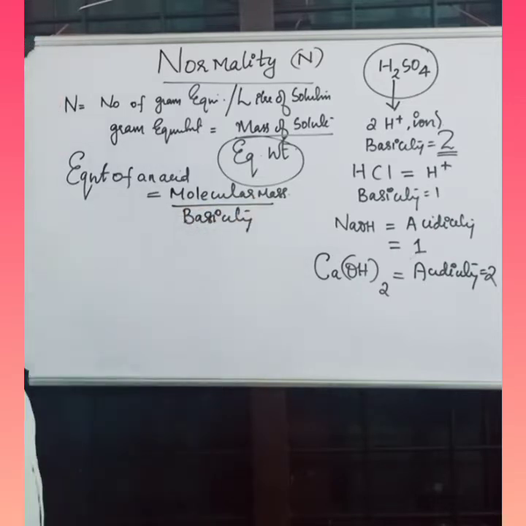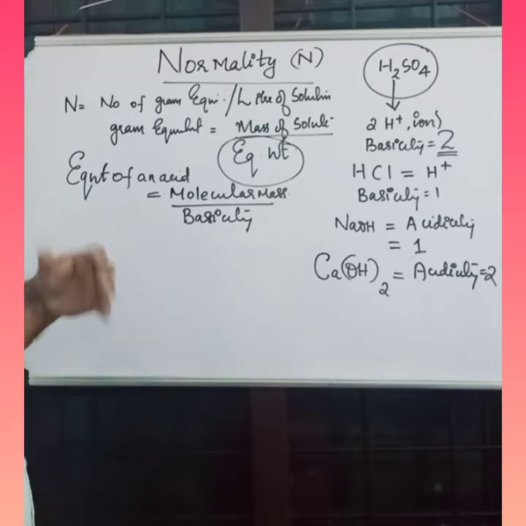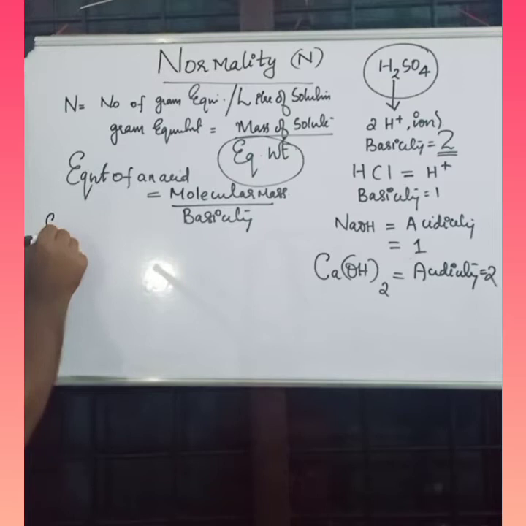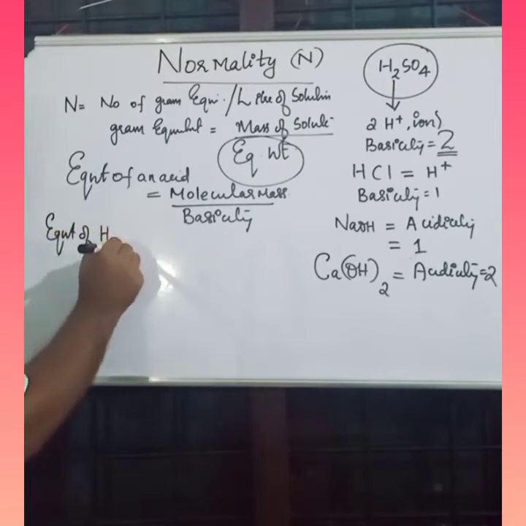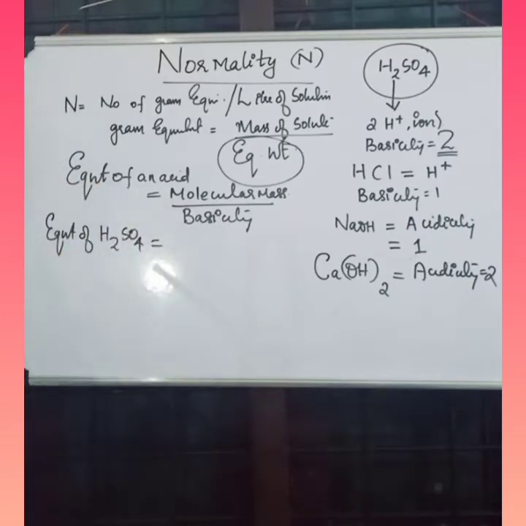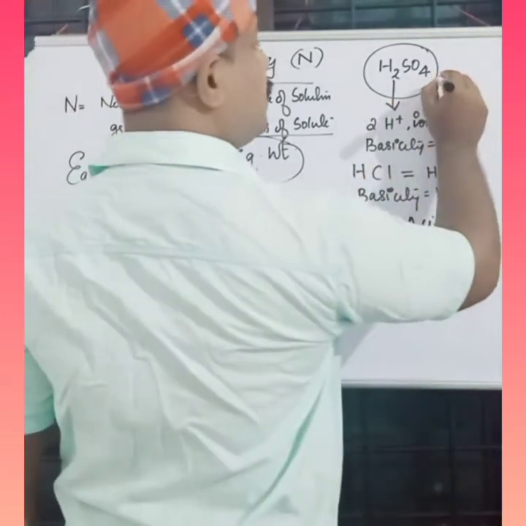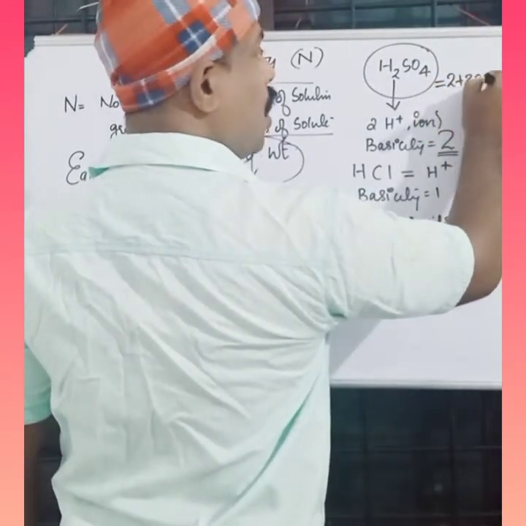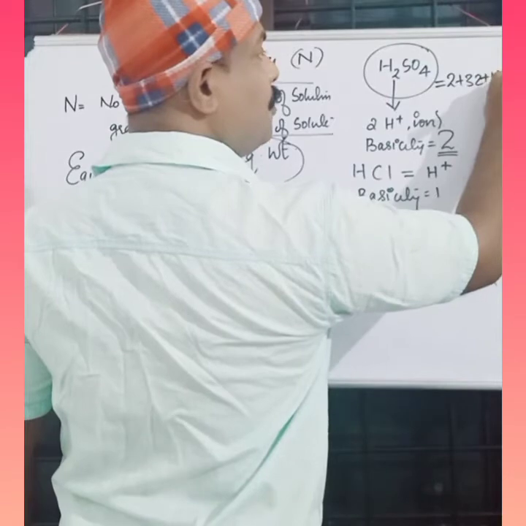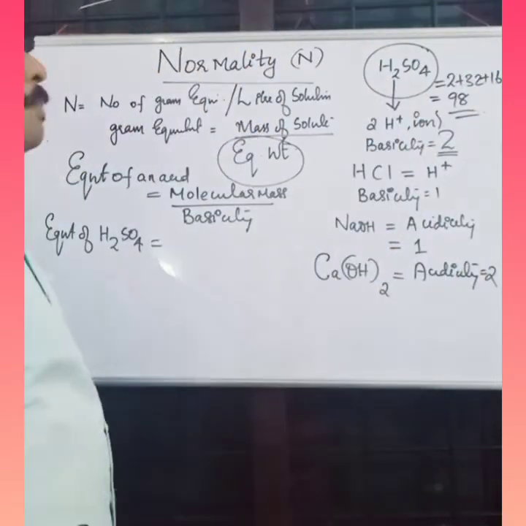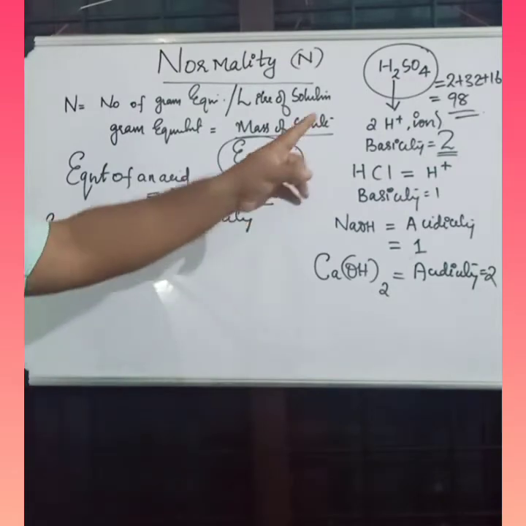Let us consider an equation with an example. Equivalent weight of sulfuric acid, H2SO4. What is the molecular mass of sulfuric acid? Hydrogen 2, sulfur 32, plus oxygen 16 into 4, total 98.